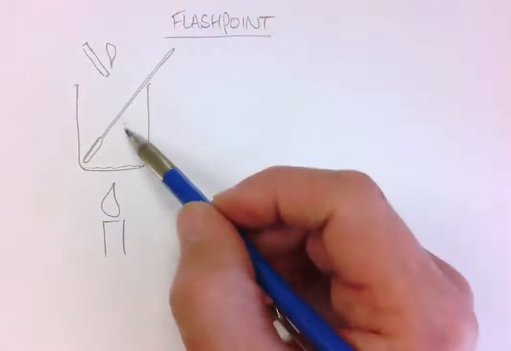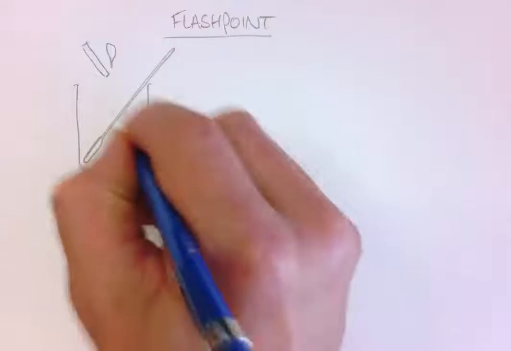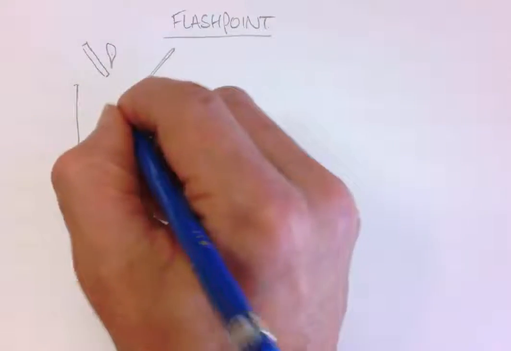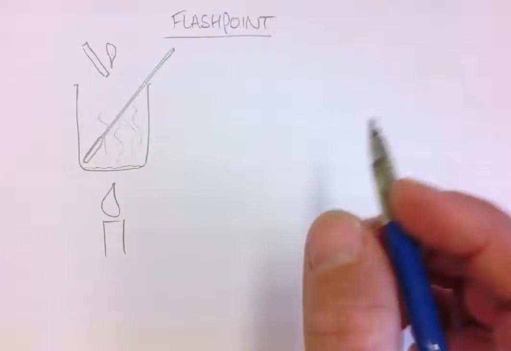And so basically flashpoint is the temperature at which it gives off enough vapor for this flash to cause a momentary ignition, and then the flame will collapse again.